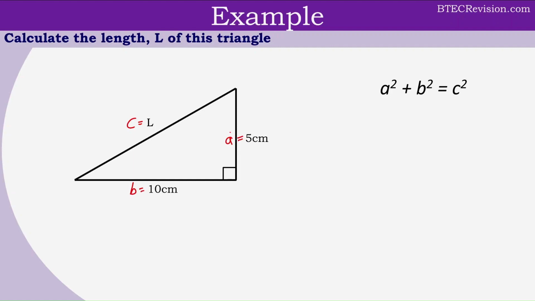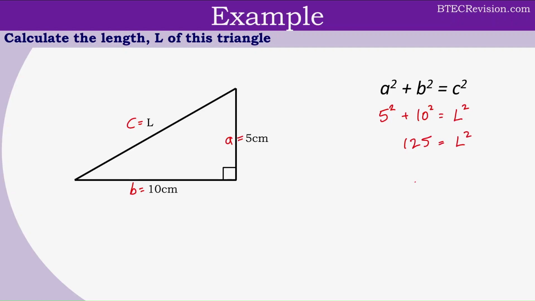Now, we can replace these values inside of our equation. Our A value is 5 centimeters squared. Our B value is 10 centimeters squared, and that's equal to our question L squared. Adding these values, 5 squared is 25, plus 10 squared is 100, gives us 125, and that's equal to L squared.